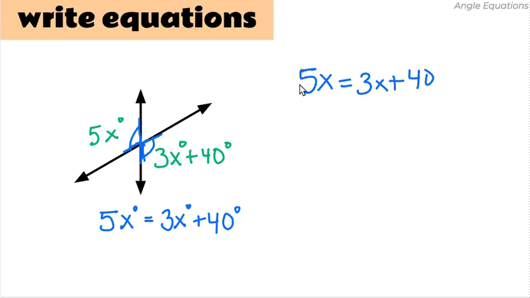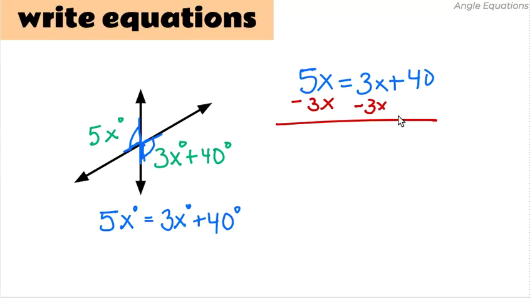I have variables on both sides, so we're going to get rid of one set. I already have x's on the left side by themselves, so I'm going to move the x's off the left. I'm sorry, off the right. So minus 3x from each side.